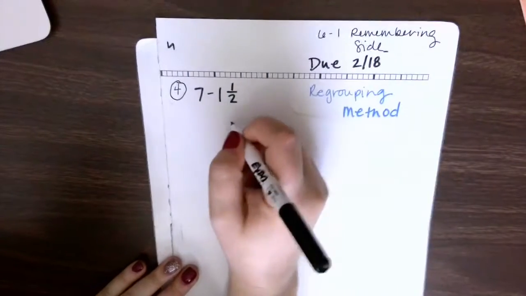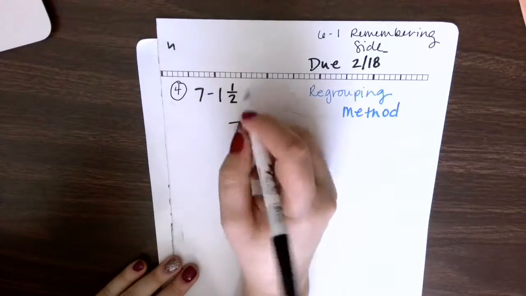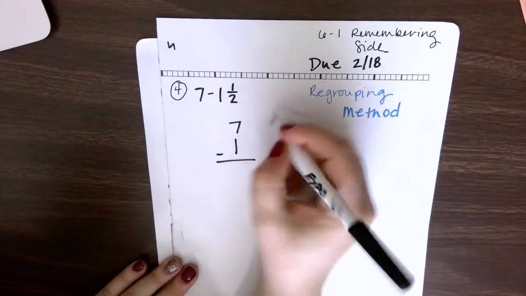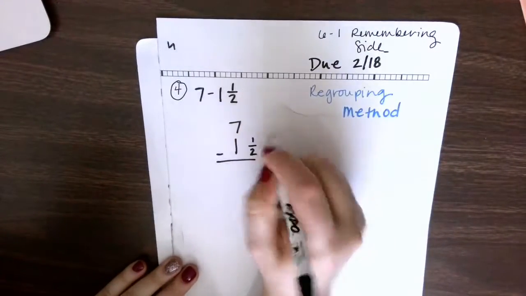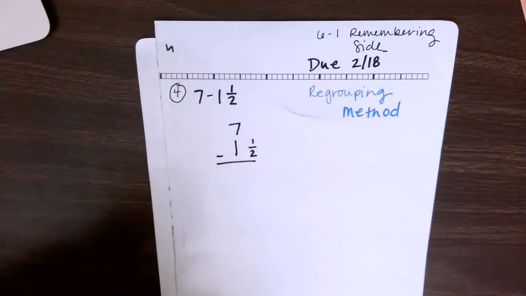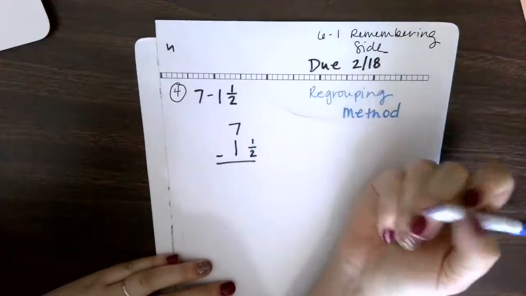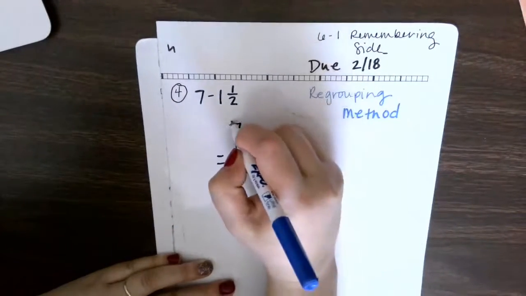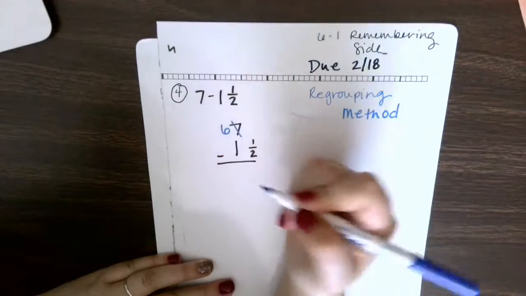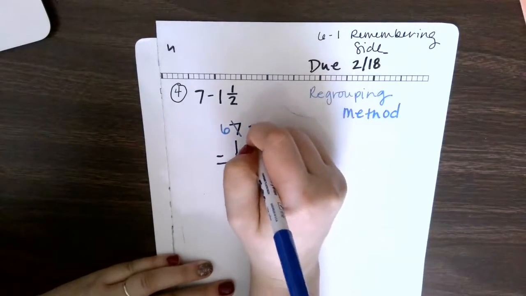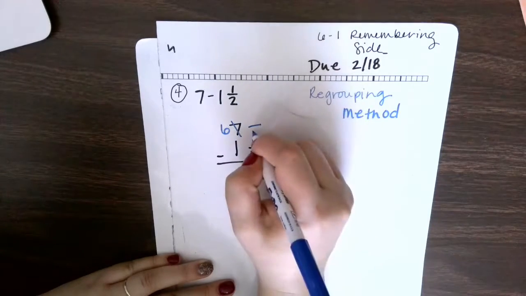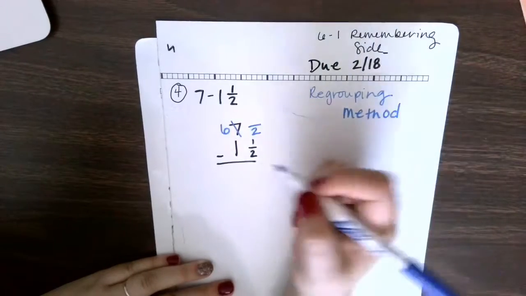So the first thing I want to do is rewrite my problem up and down, or vertical, making sure that my whole numbers are all together and my fractions over on this side. This gives me an opportunity to show that I'm borrowing from this whole 7. I'm borrowing one whole. So 7 minus 1 is 6. And now I need to put that whole in fraction form here. I'm going to use 2 as my denominator so that I have like parts.